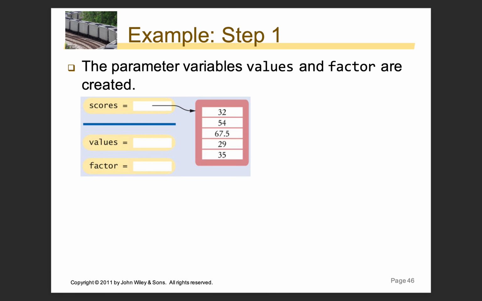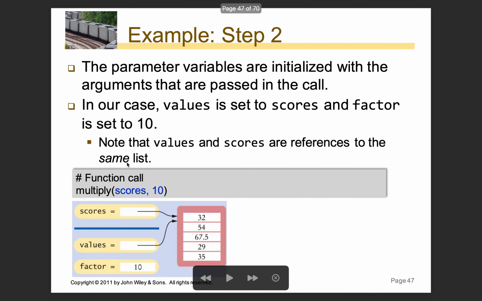Okay, so as an example, the parameter variables, values and factor, are created. So scores has a reference to the list in memory. Values is a variable, and so is factor. The parameter variables are then initialized with the arguments that are passed to the call. We're passing the scores variable as the argument into our function call.